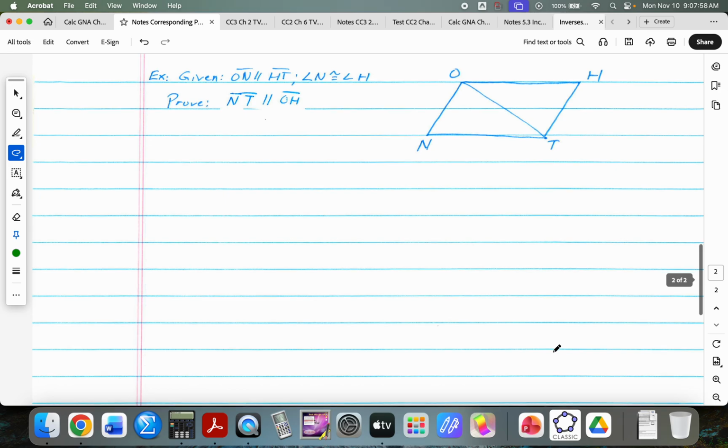All right, well then let's take a look at this one. I'll do this one as a flowchart proof. So we're given that segment ON is parallel, not congruent, to segment HT.